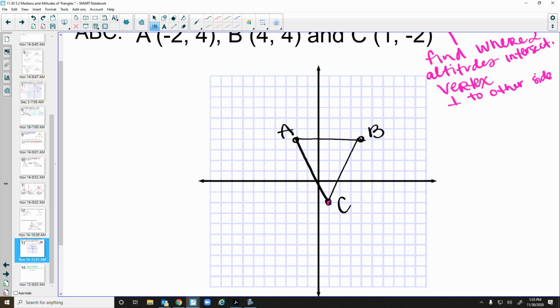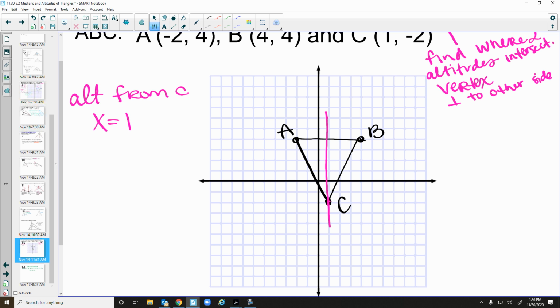If it's horizontal, then the opposite of it has to be vertical. So there's your altitude. The altitude from C, that equation is x equals 1.